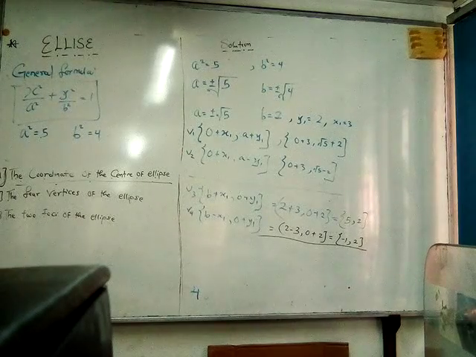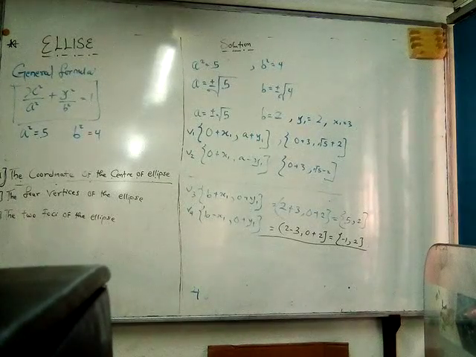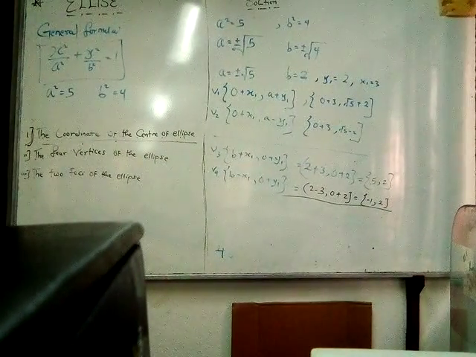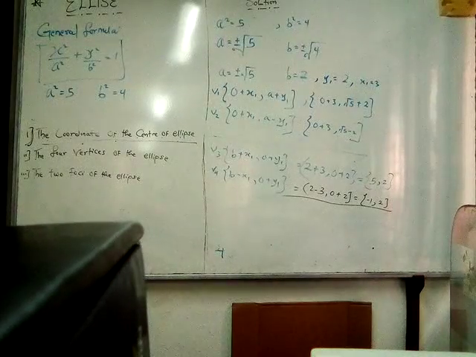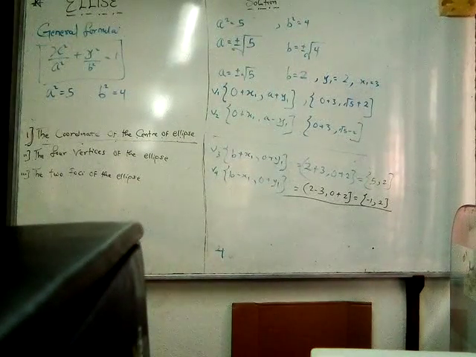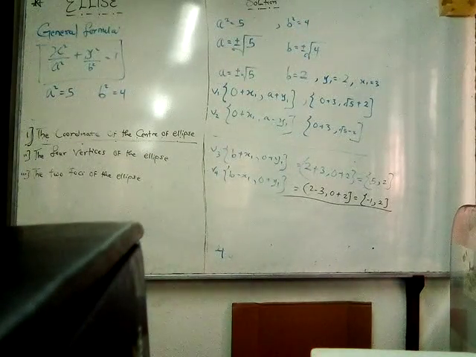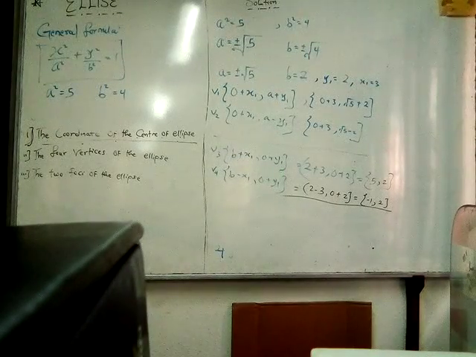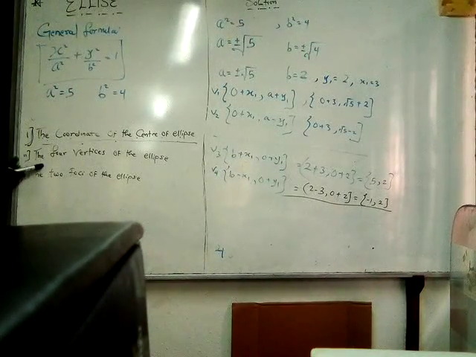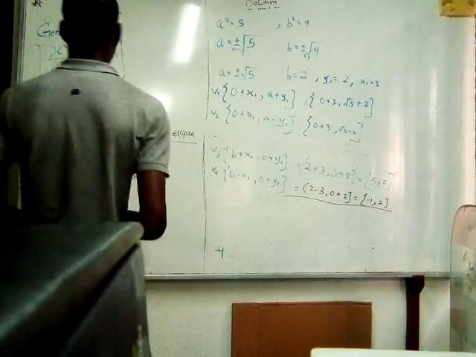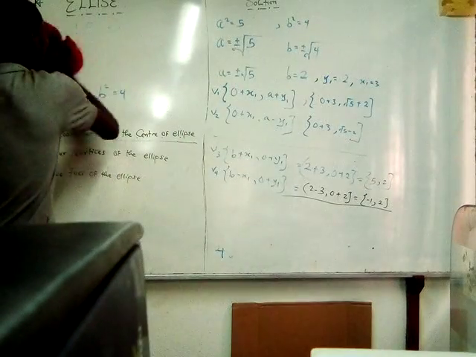Now we are asked to find the two foci of the ellipse. How are we going to find the two foci of the ellipse? We have so many formulas, and every figure in this question has its own formula.